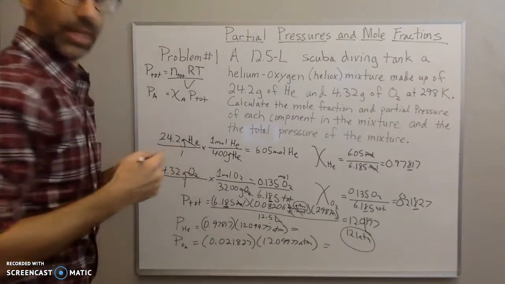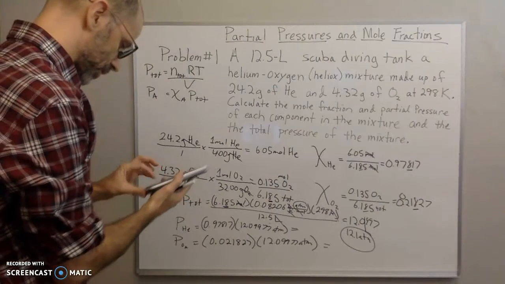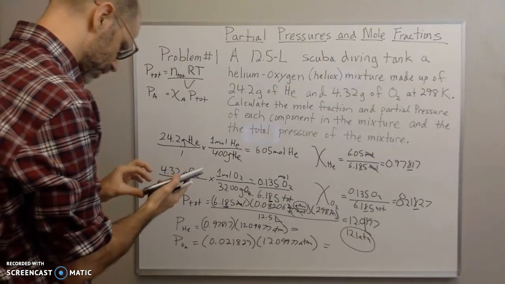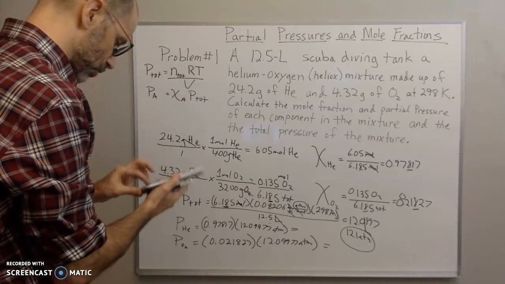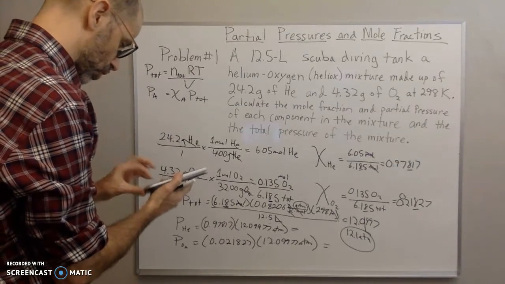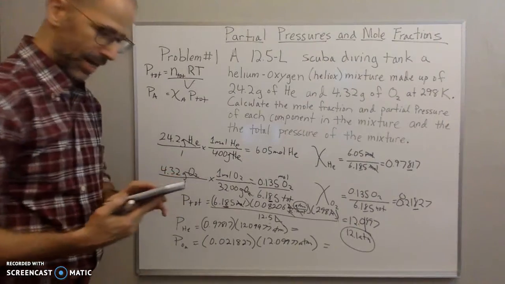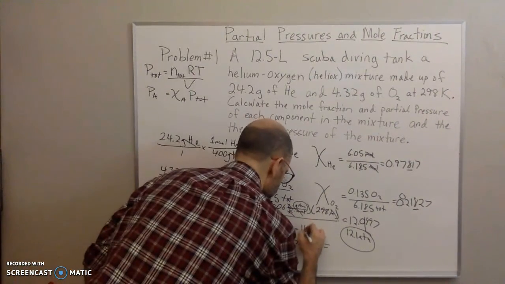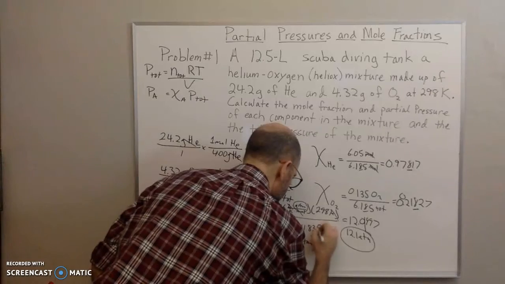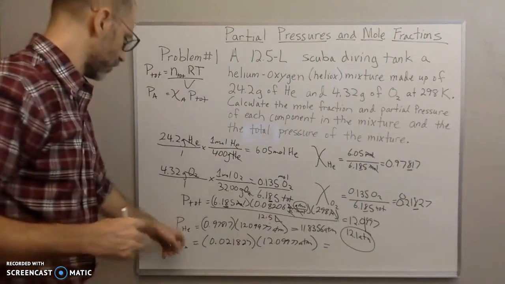And then if I do the calculations, 0.97817 times 12.09977 equals, and I get 11.8356 atmospheres for the partial pressure of helium.